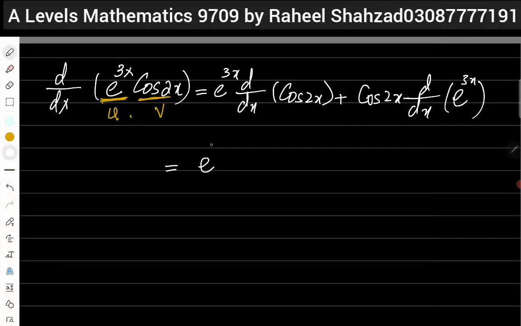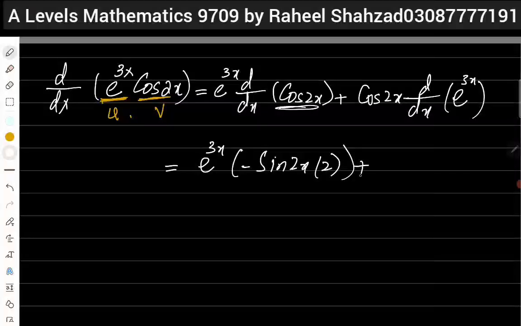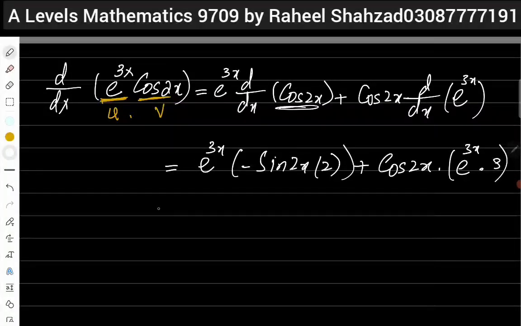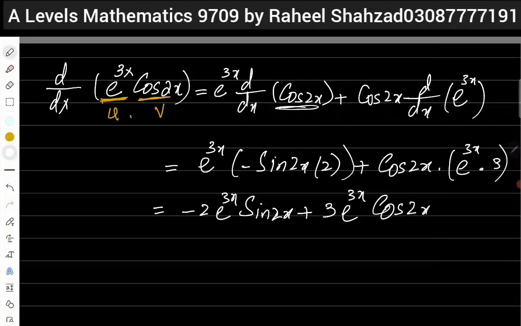That is going to be e^(3x) times the derivative of cos 2x, which is minus sin 2x into 2, plus cos 2x as it is times the derivative of e^(3x), which is e^(3x) into the derivative of the power. So minus 2 e^(3x) sin 2x plus 3 e^(3x) cos 2x.